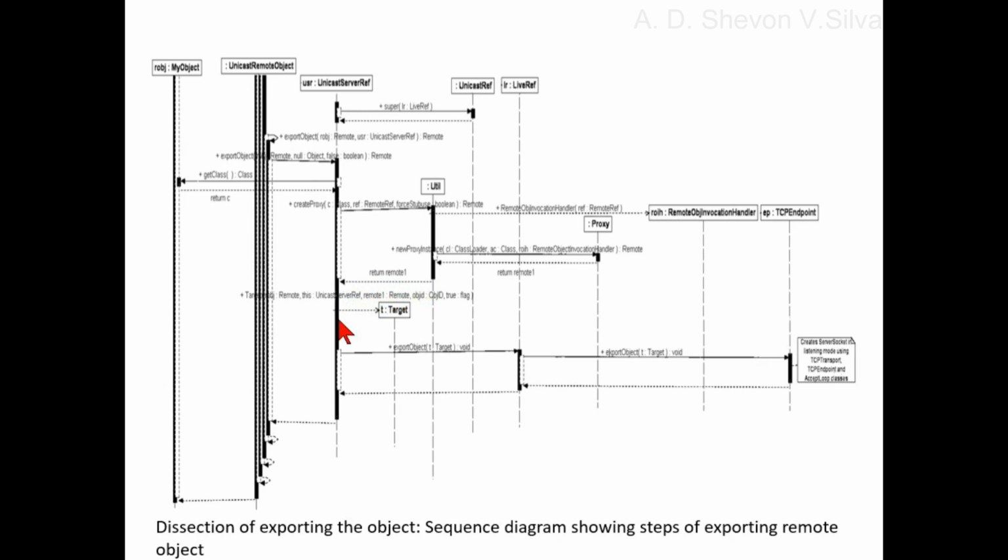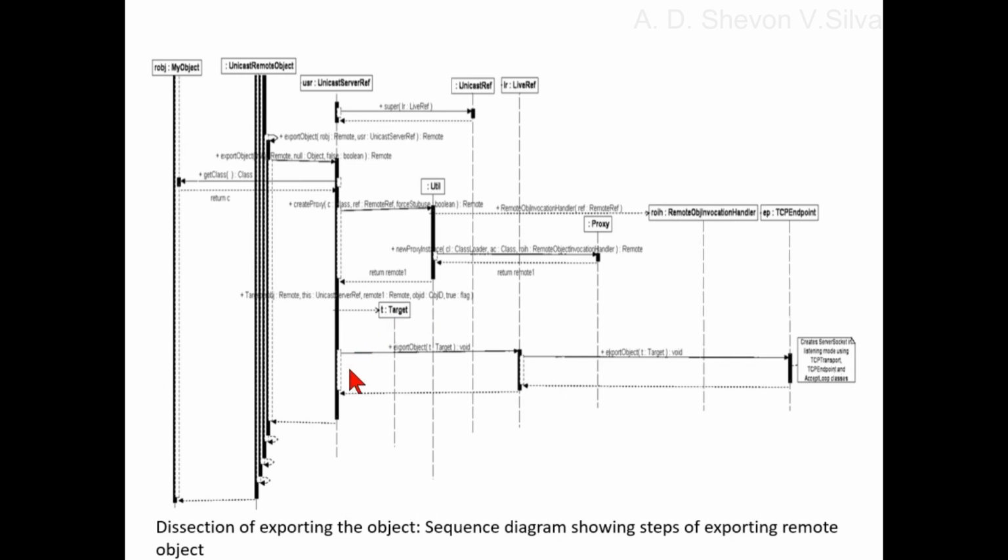Here USR unicast server ref is connected to T target via target remote this unicast server ref remote, remote object obj id, object obj id, true flag.